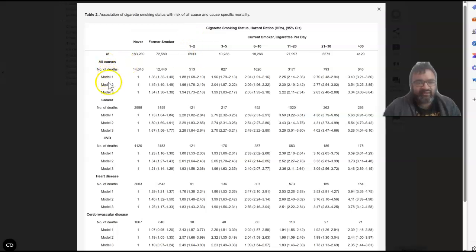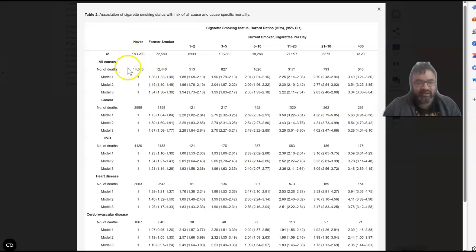And then here, this is arranged by Model 1, Model 2, Model 3. And typically, you start off with a model that only looks at crude hazard ratio. What's Model 1, 2, and 3, and how do we find that out?